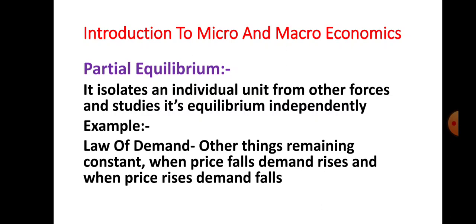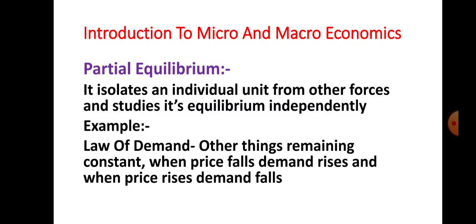Now let us explain partial equilibrium analysis with the help of an example. Here the statement of the law of demand is given. What is the statement of the law of demand? Other things remaining constant, when price falls, demand rises, and when price rises, demand falls. So what is the independent step here? In microeconomics, the primary step is independence.